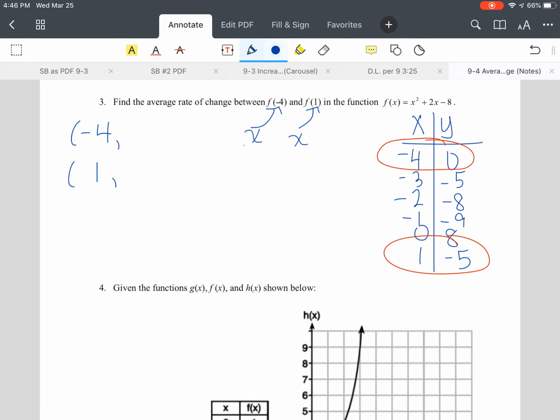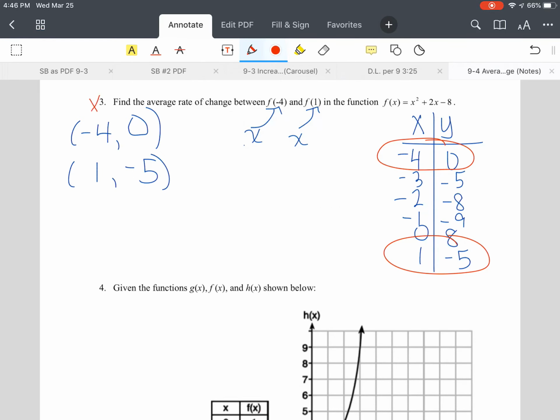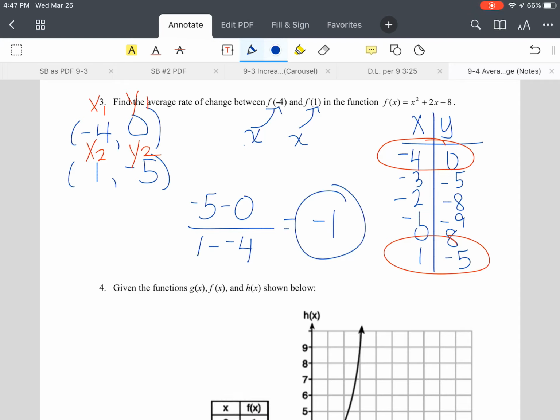So when x is negative 4, y is 0. And when x is 1, y is negative 5. x1, y1, x2, y2. So negative 5 minus 0 over 1 minus negative 4. Pop that into your calculator and you get negative 1.